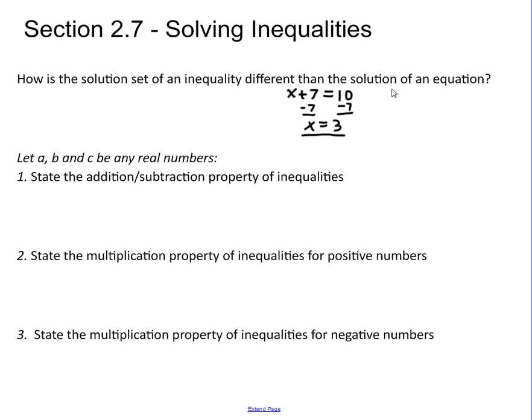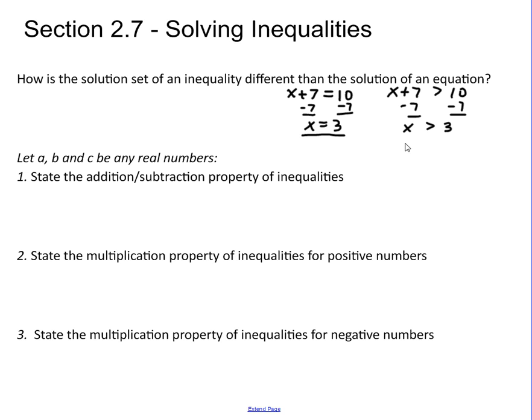Let's compare that. Let's say I told you x plus 7, instead of being equal to 10, was greater than 10. What would we say then? Well, just like an equation, we would subtract 7 from both sides. And we would get this statement, x is greater than 3. Well, x equals 3 is no longer a solution, but what does x greater than 3 mean?